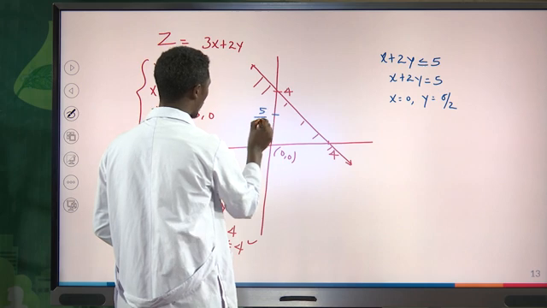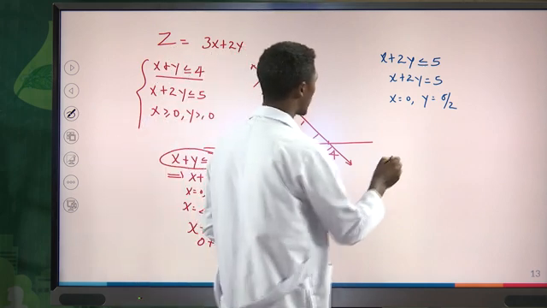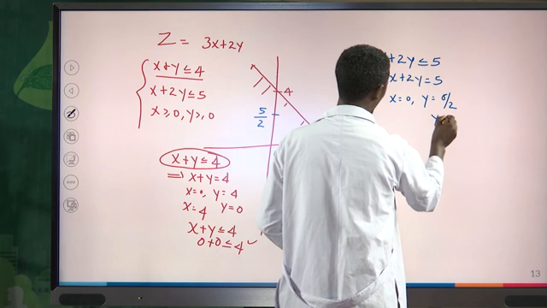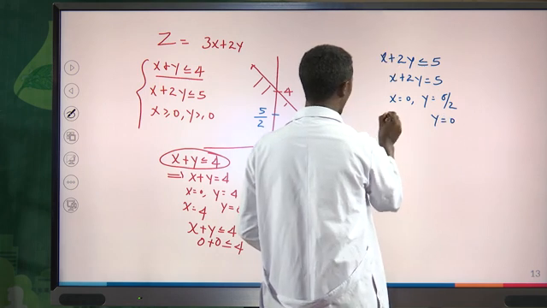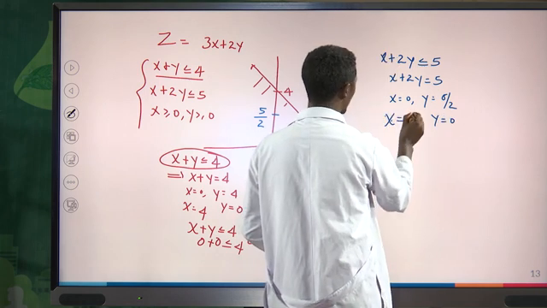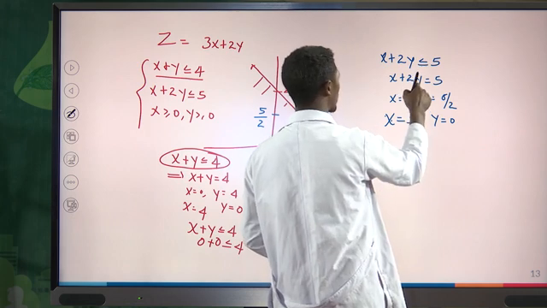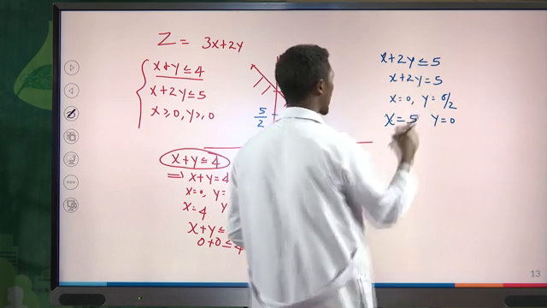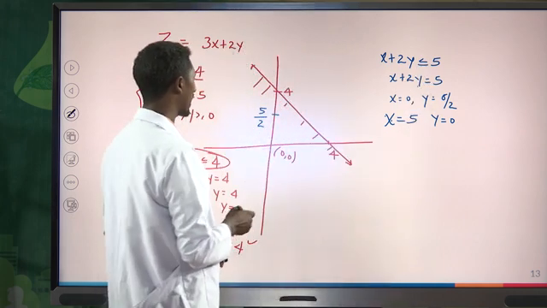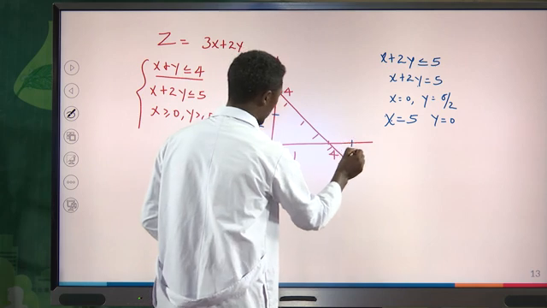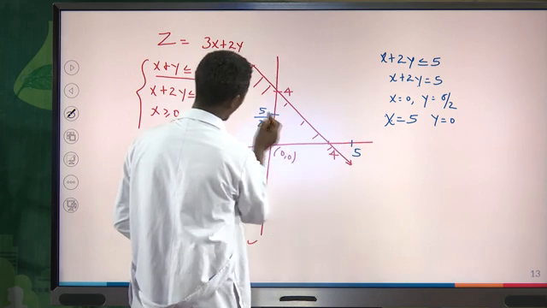So this is 5 over 2. And when y equals 0, then x equals 5. If we substitute y equals 0, x must be equal to 5.